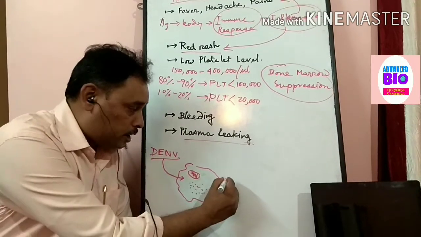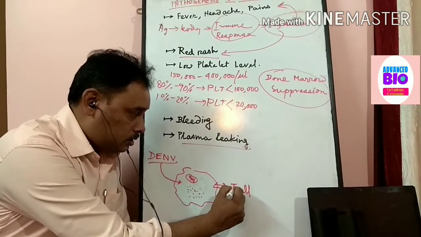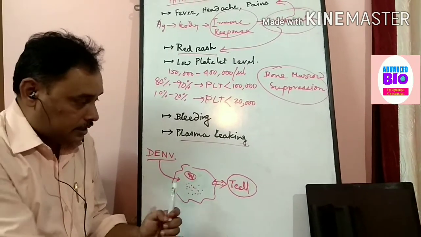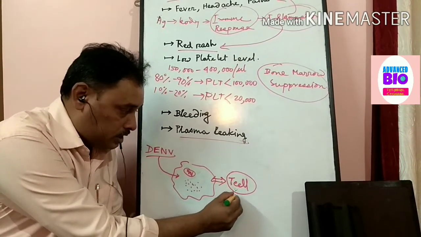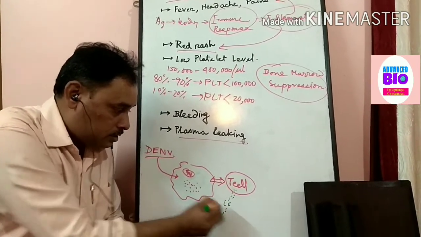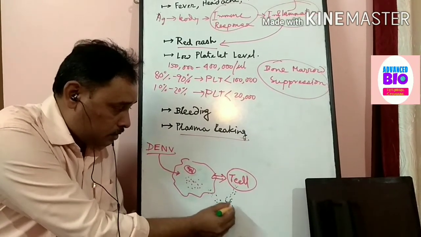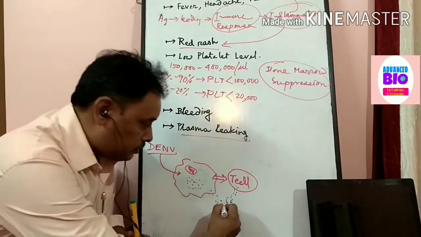And due to this cause, this APC interacts with the T cell, that means T lymphocyte cell, and as a result the T cell will secrete some cytokines, and this APC cell also secretes some cytokines. So these are the cytokines.